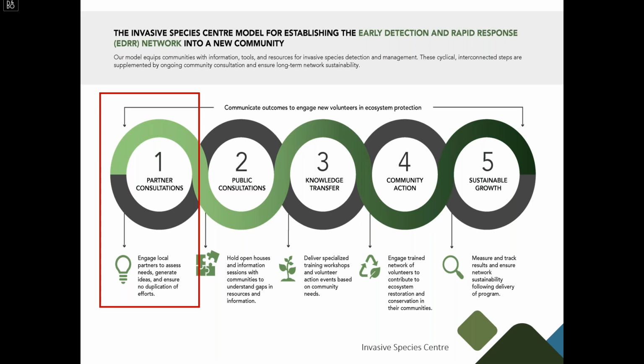We wanted to train volunteers how to remove it and then have actual on-the-ground action. We did that for a few years while we were in Thunder Bay, but when the grant had completed and we had moved out of physically being boots on the ground in the Thunder Bay area, organizations that were trained in that area took on that initiative so that the garlic mustard pull wouldn't fall to the wayside once the EDRR program was out.